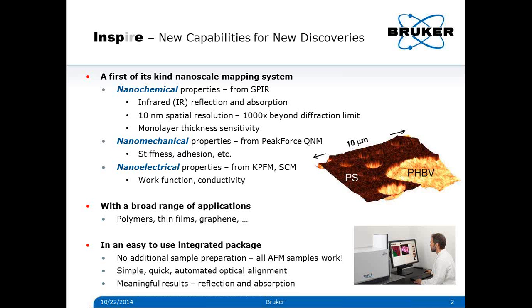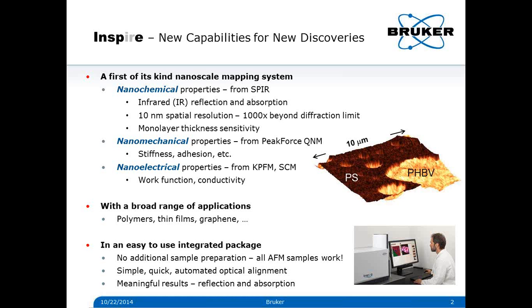But I will show you a broad range of applications from polymers to thin films like organic semiconductors and graphene and others. And this package that we introduce with the Inspire is a fully integrated system. So that means you have simple, quick, automated optical alignment, and you get meaningful results.